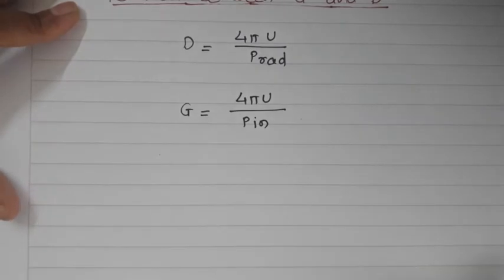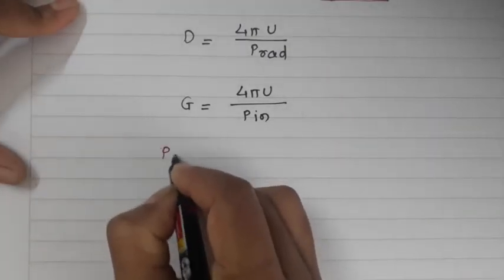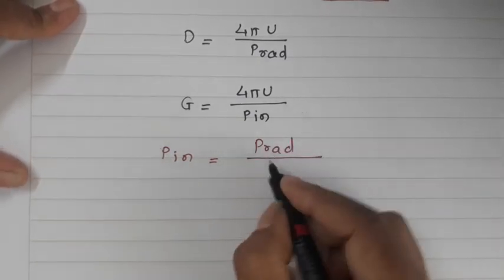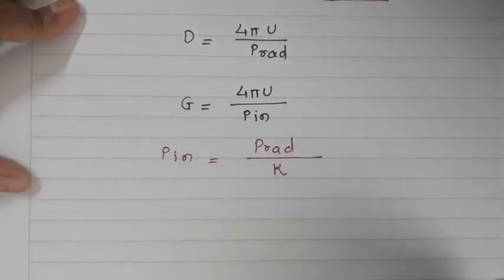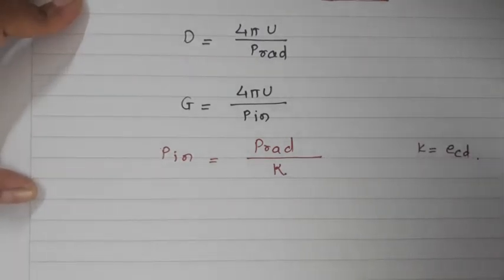So using the relationship between P in and P radiated, which we now know, P in is equal to P radiated divided by K. Okay, you can use that K is nothing but the ECD, so anyone you can use here, either K or ECD.